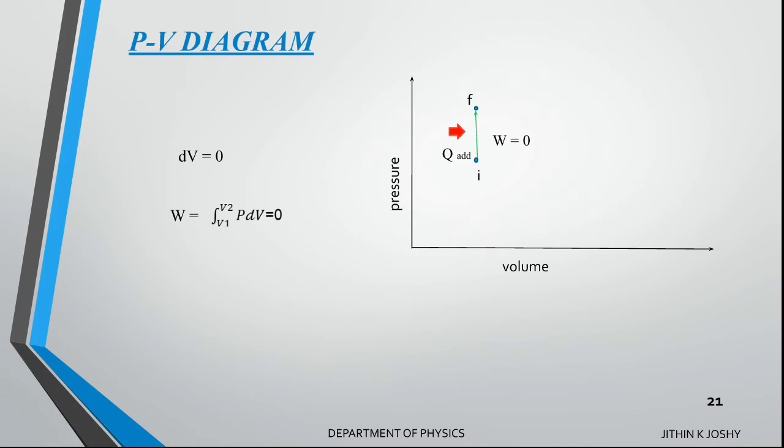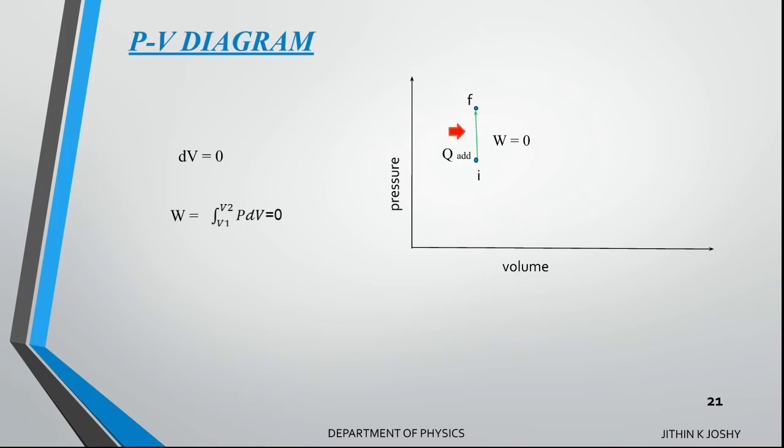Moving to the PV diagram, the 2 points marked I and F are the initial and final states. Since the volume is constant, we can say that Vf is equal to Vi. So, dV is equal to 0. The work done is equal to P dV.